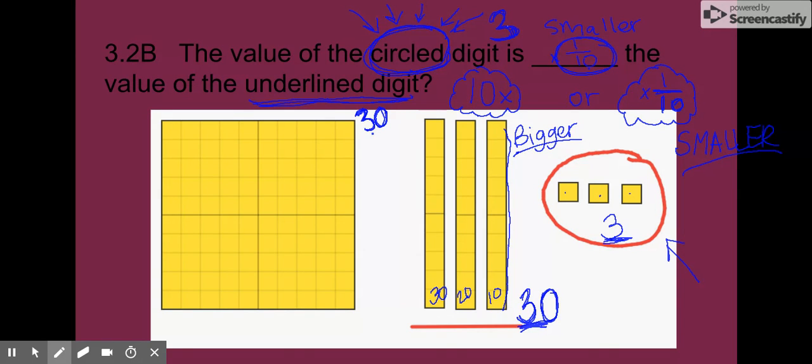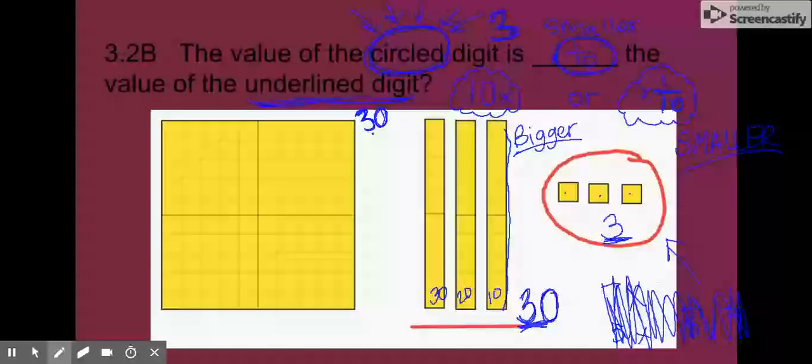Last but not least, sometimes they like to throw in trick questions or answers to a question that might say it's 7 times bigger, or it's 5 times bigger, or it's 1/5 smaller, or 1/7 smaller, or something like this. You should know that these are never the options that we're going to give you that will be correct. The only 2 options that we're going to give you are either 10 times or 1/10. So really watch out for those mistakes.